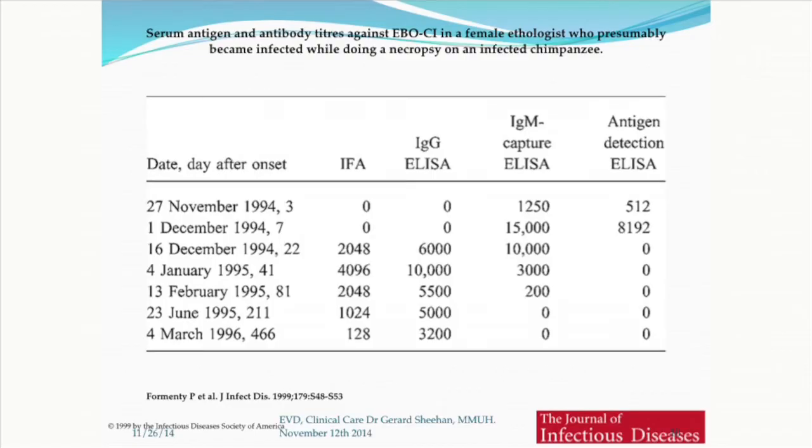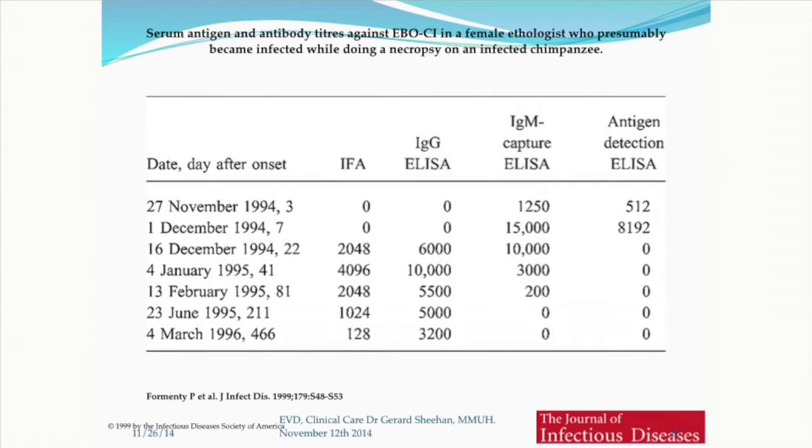And this is the Taï Forest Ebola virus infection, which occurred in a zoologist studying an outbreak in chimpanzees in Côte d'Ivoire, previously the only case of Ebola virus in West Africa, and this occurred in 1994. And she was evacuated to Switzerland. The diagnosis was made late into her mystery illness, okay?